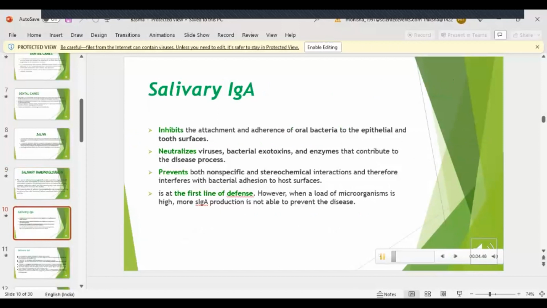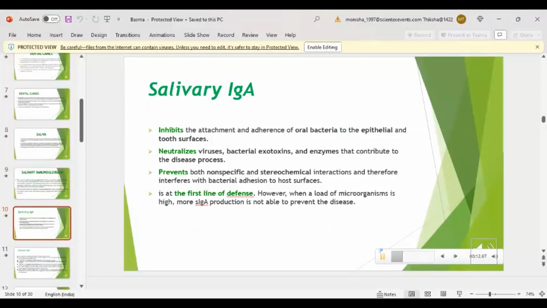These immunoglobulins can inhibit the attachment and the adherence of oral bacteria to the epithelial and tooth surface. They neutralize viruses, bacteria, exotoxins, and enzymes that contribute to the disease process. They prevent both non-specific and stereochemical interaction, and therefore interfere with the bacterial adhesion to host surface.